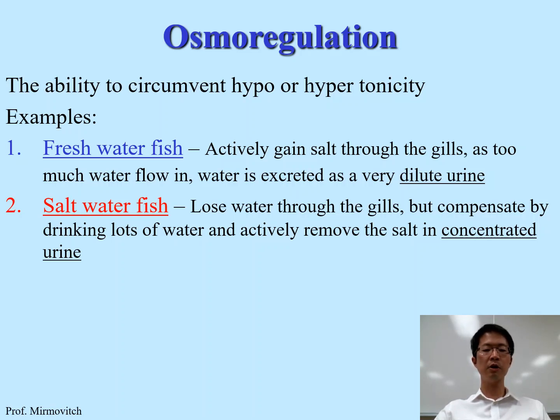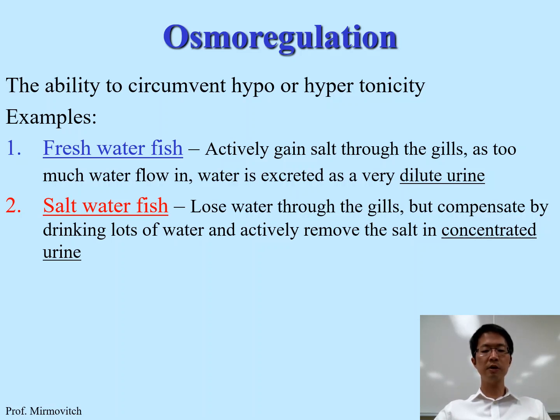Okay, now it talks about different types of fish, freshwater fish and saltwater fish. So freshwater fish live in hypotonic solution. Therefore, water will keep going into the cells of the fish. Then what does the fish need to do?